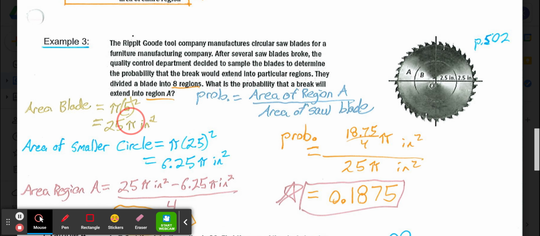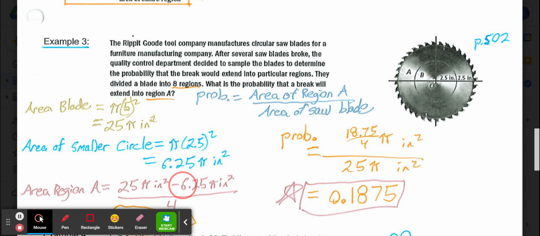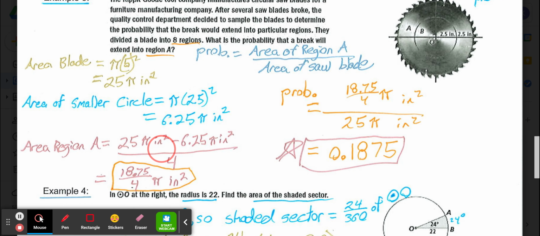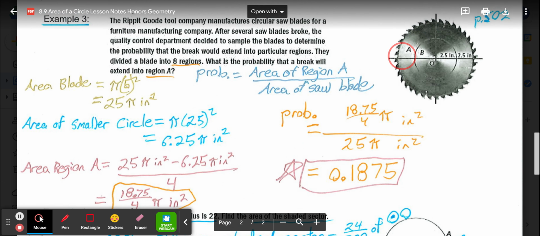So then we know the overall area of the blade and the area of the smaller circle. That's going to help us find the area of region A, because region A is one of 4 regions that make up the rest of the blade if we cut out the small circle. So if I take the whole blade, 25 pi inches squared, cut out the inner circle, 6.25 pi inches squared, and then divide that into the 4 regions, I'll be left with the area for region A right here.